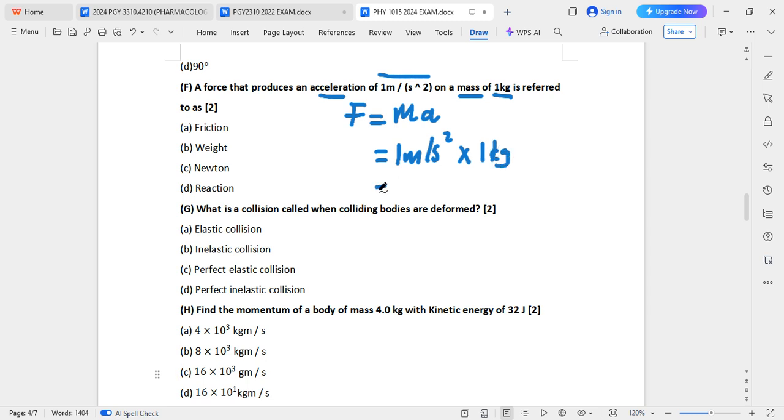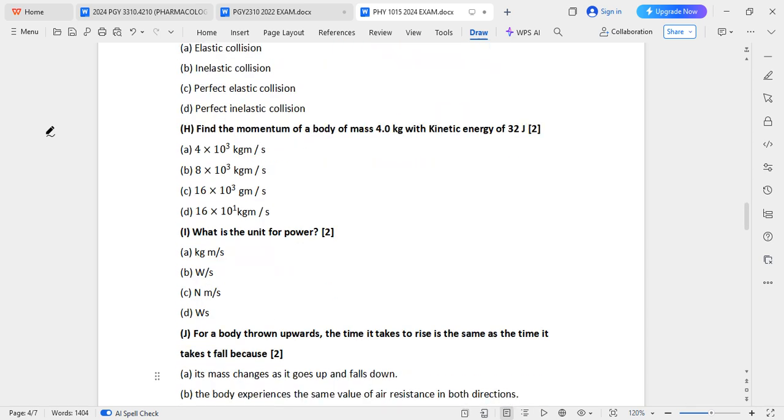So in other words, force is equal to 1 kg meter per second squared, that force we call a Newton. 1 Newton is 1 kg meter per second squared.